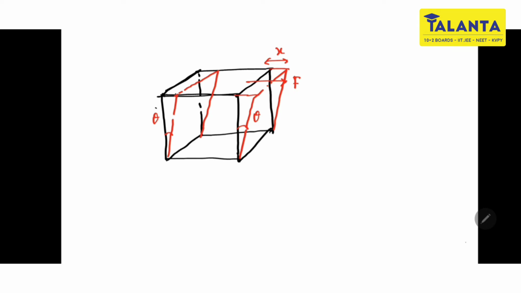So here the tangential stress is the ratio of F parallel and area, component of applied force which is parallel to the surface, and surface area. And tangential strain, suppose the length is h, equals x by h or equals tan theta.